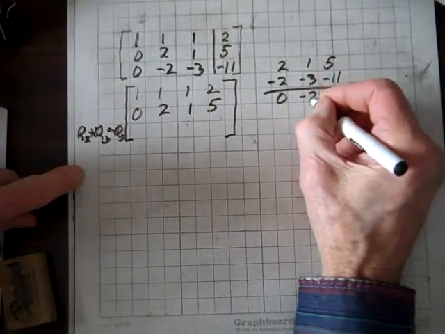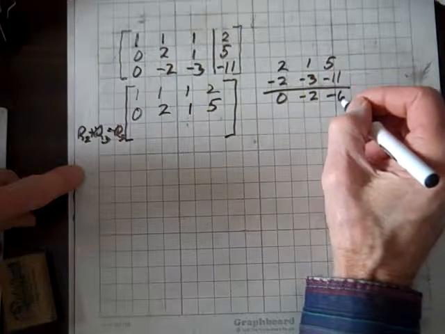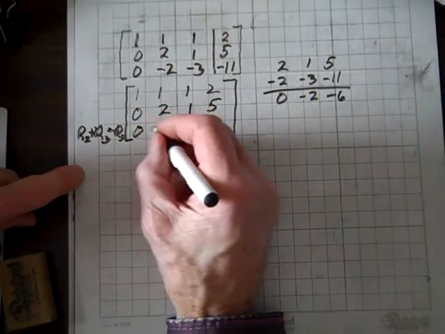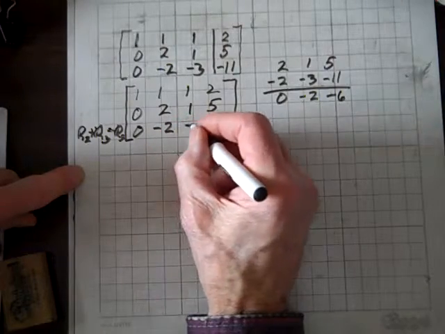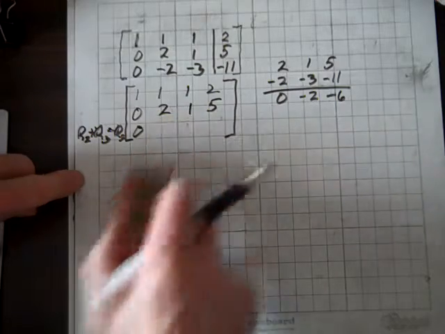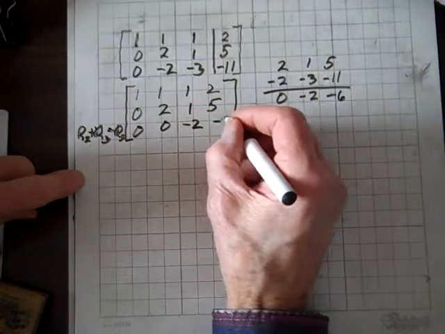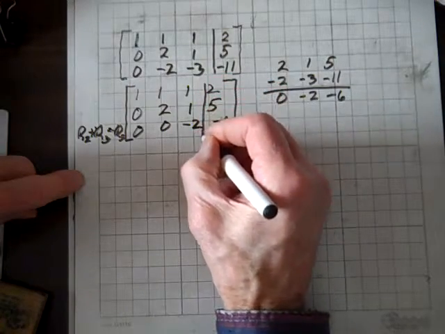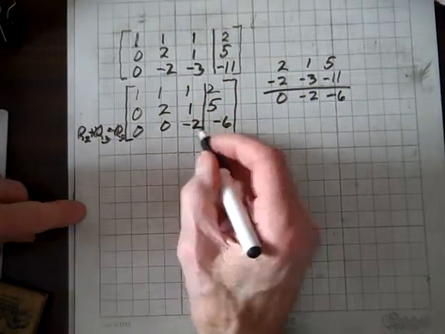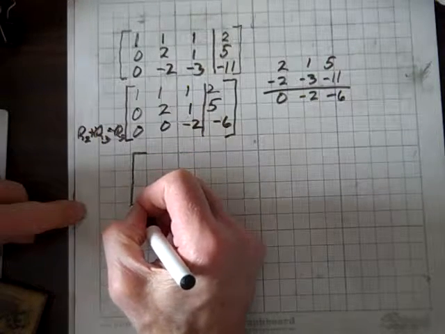We get a negative 2 and a negative 6. 0, negative 2, negative, I beg your pardon, I need a 0 right here, excuse me. 0, 0, negative 2, negative 6. Now we need a 1 in this position, so one more stroke of business and we'll have it.